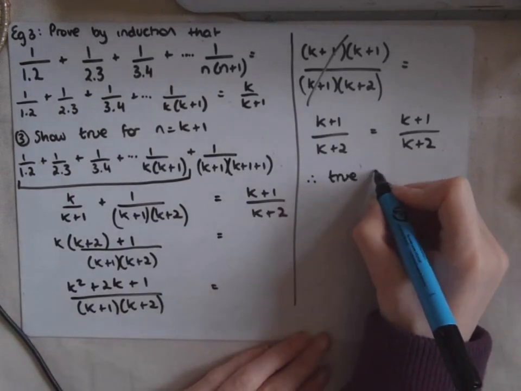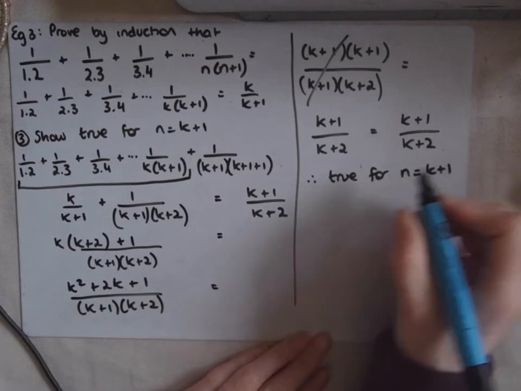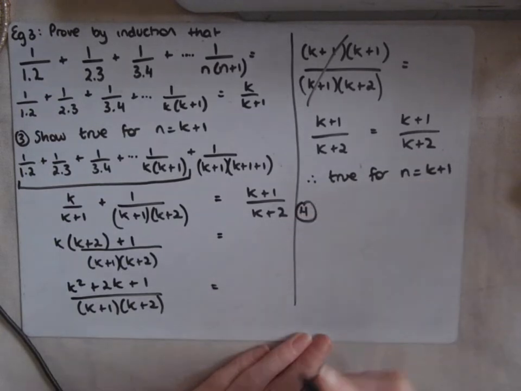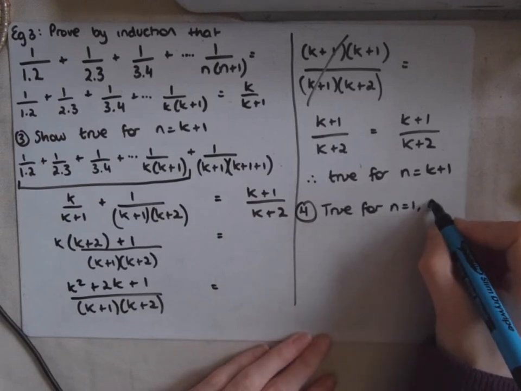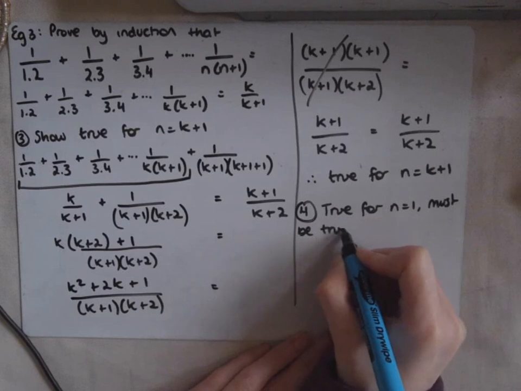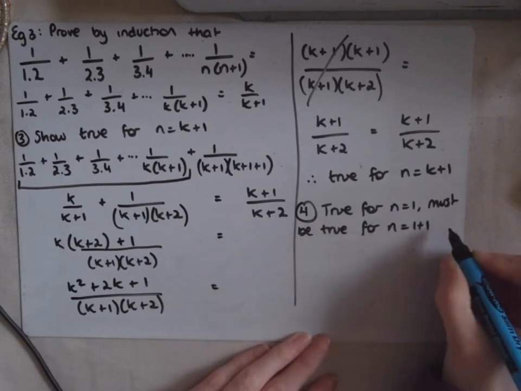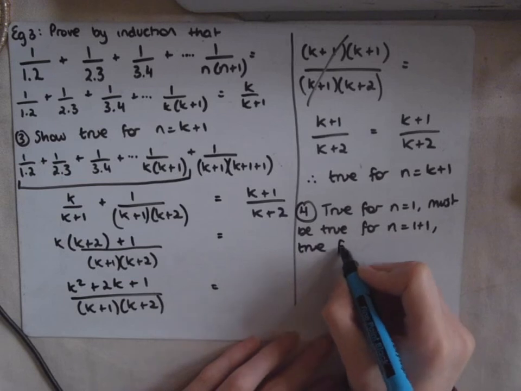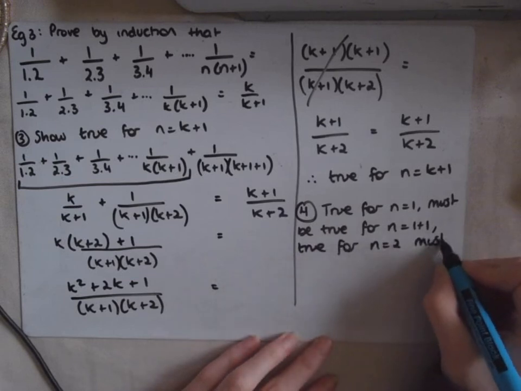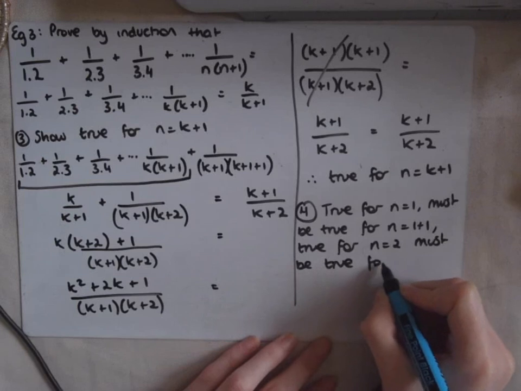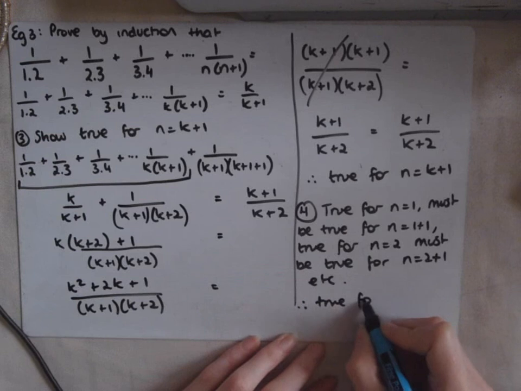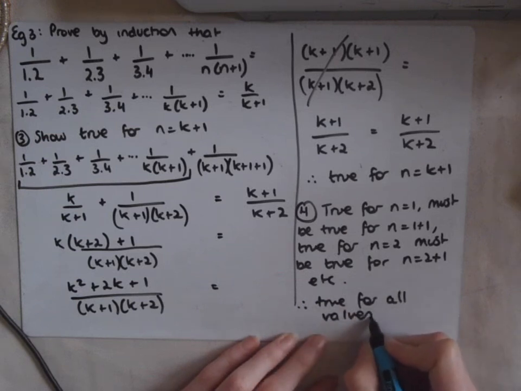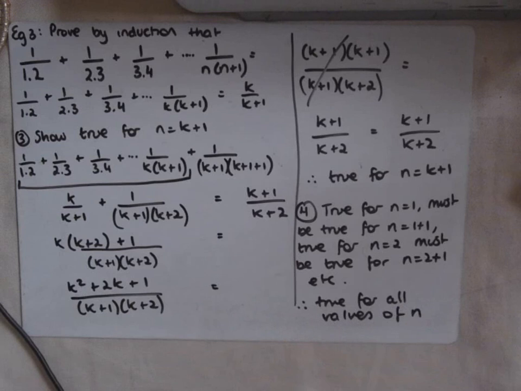Therefore, true for n is equal to k plus 1, and again just rewrite all your words. Okay, so it's true for n is 1, so it must be true for n is equal to 1 plus 1.